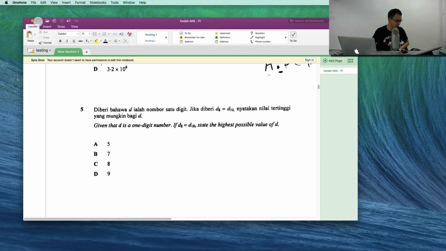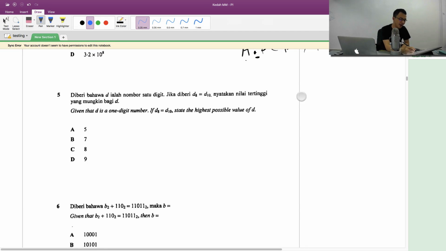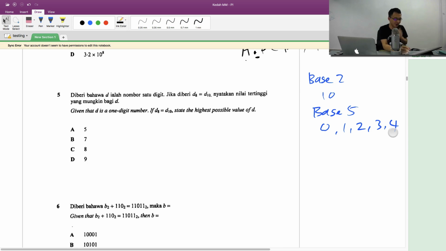Yeah, because if base 2, the number for base 2 is only 1 and 0, I mean 0 and 1. Is base 5, the number is 0, 1, 2, 3, 4. That means we cannot have 5. So it's base 8, we actually from 0 to 7. This is all the number we will use.